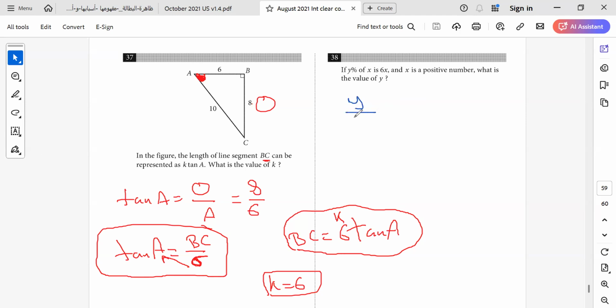They need the value of Y. X will be cancelled with X. So now I have Y over 100 equals 6. Cross multiply. So Y equals 600.